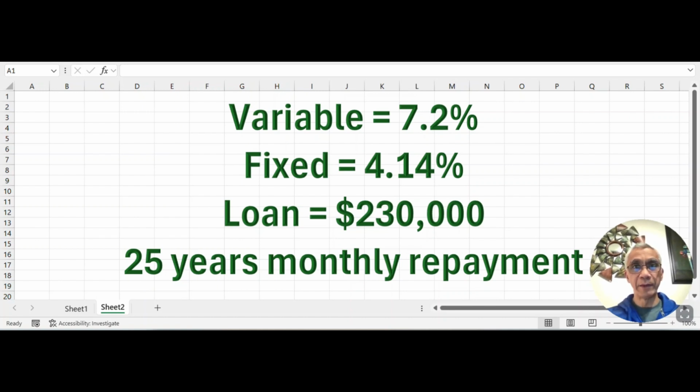And then we will copy paste that into the side of the worksheet so that we can then change it to 4.14% interest and compare it side by side. I will be using Excel in this video, but you can also use Google Sheets if you want to follow me. All right, let's get it on.